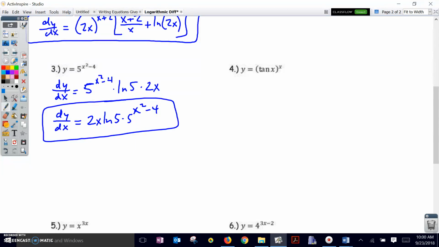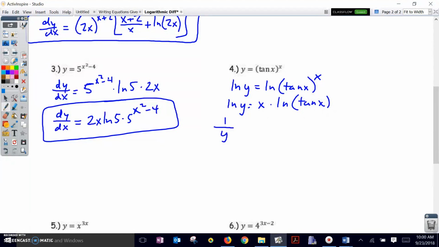Alright, the next one. We have a variable base and a variable exponent. Logarithmic differentiation is going to be our best approach. Simplifying, we get that natural log of y is equal to x times the natural log of the tangent of x. And we take the derivative, 1 over y dy/dx.